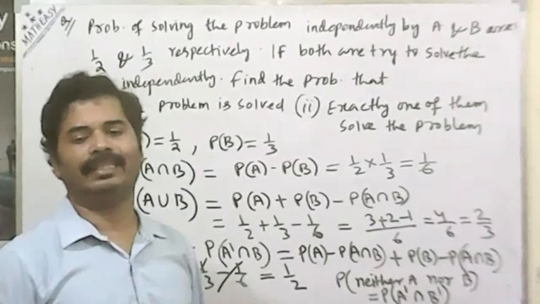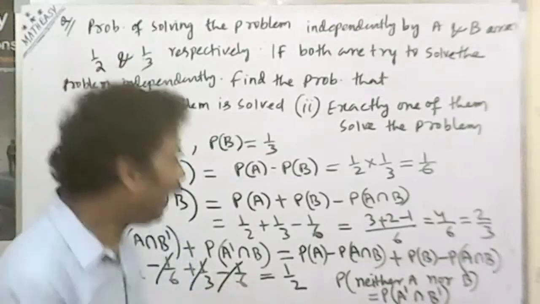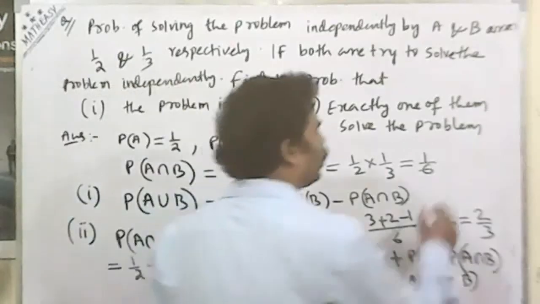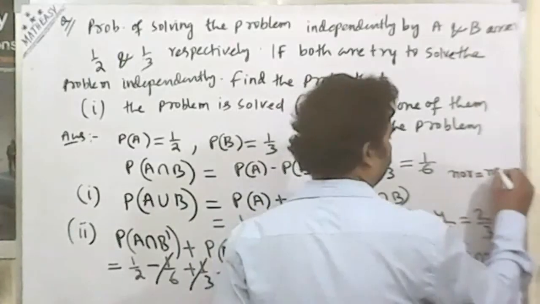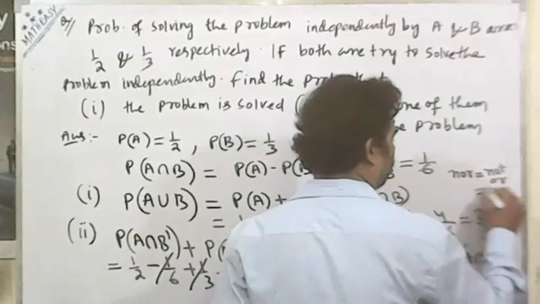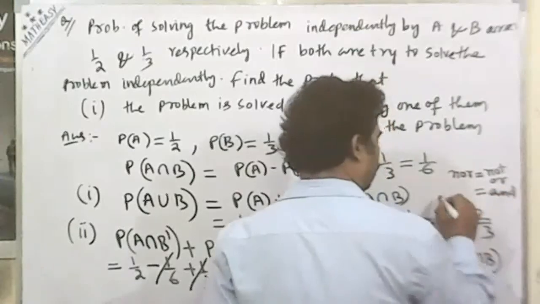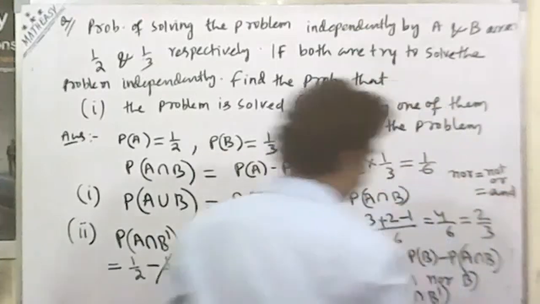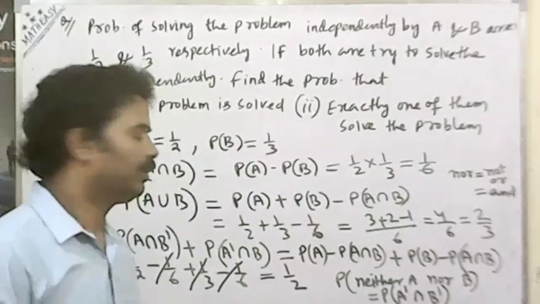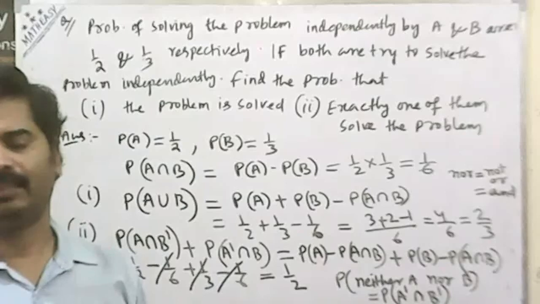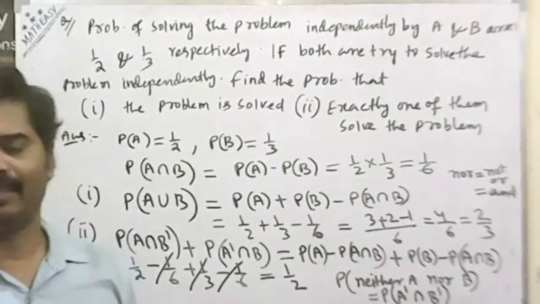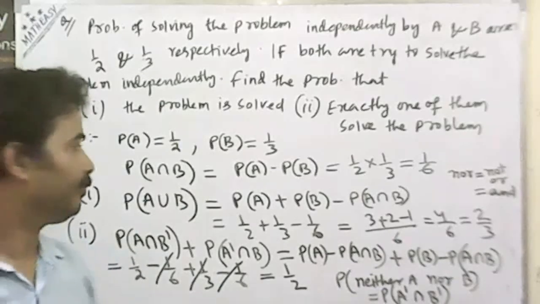Not or, that is nor. So that is and. Similarly, you can do the problem easily. Now it is independent.